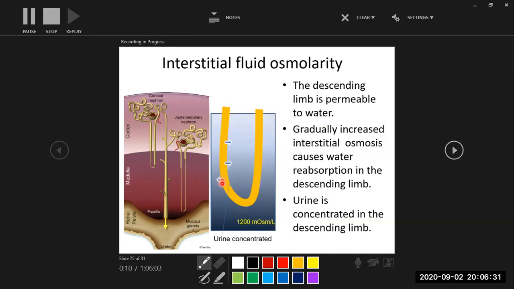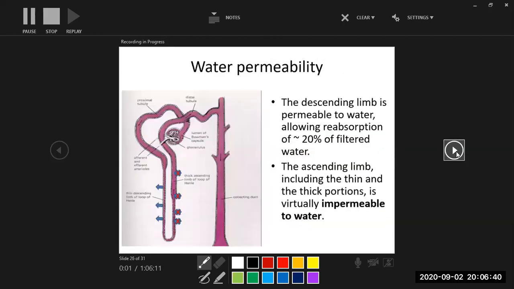The outside environment will draw the water back to our body. The descending limb will reabsorb 20% of the water.